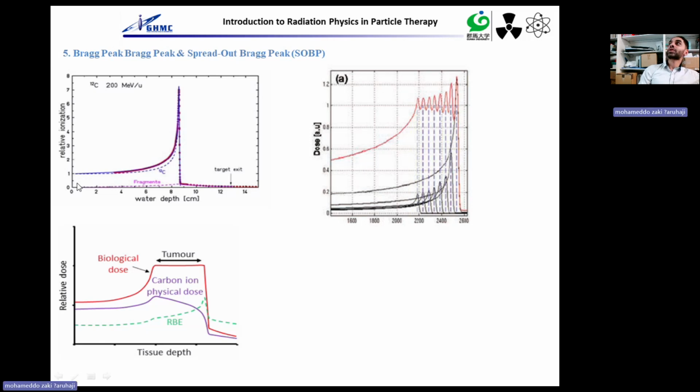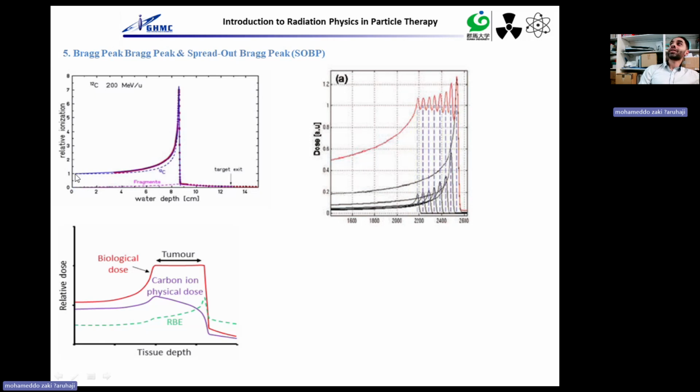This interaction produces fragments, secondary particles, neutrons, protons, whatever secondary particles. Yeah? So it is happening.